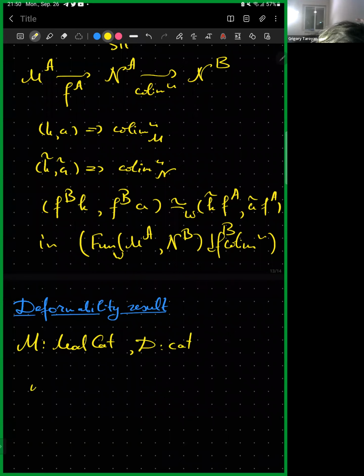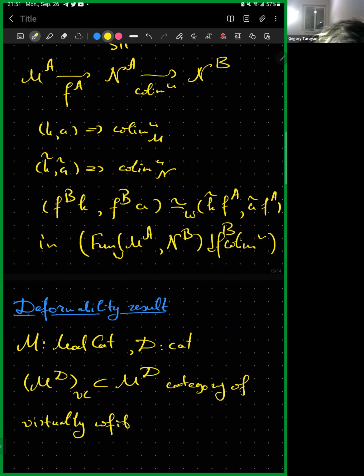Then we can define a full subcategory inside the category of D diagrams in M, which consists of a category of virtually cofibrant objects.